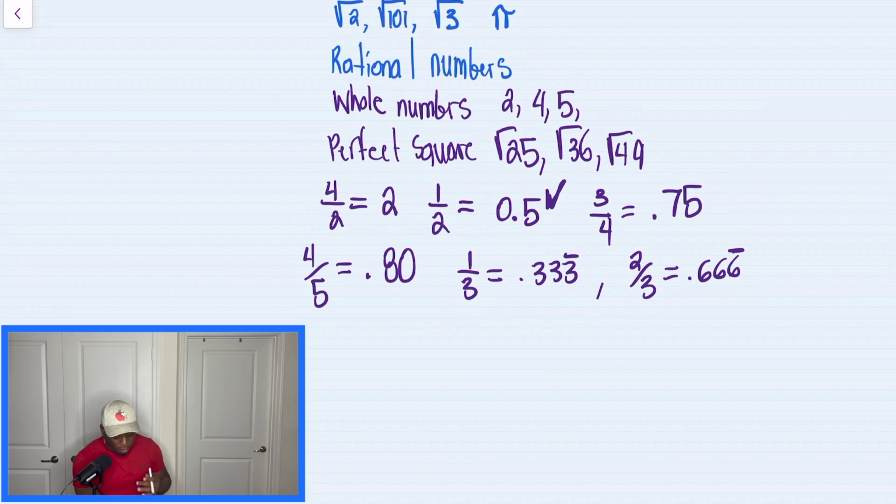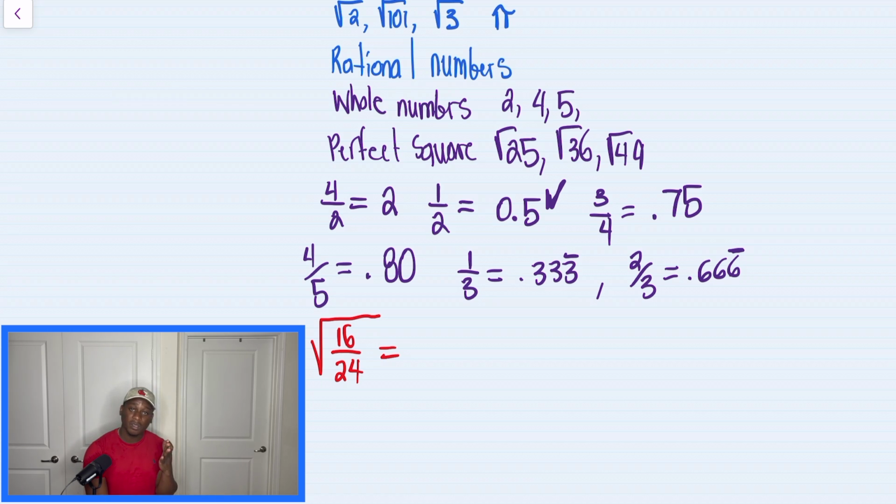So another rational number is something like this. And this is how they try to fool you. They'll give you a fraction under a square root, and automatically students normally think that it's irrational. But I want to challenge you guys, try to simplify it.